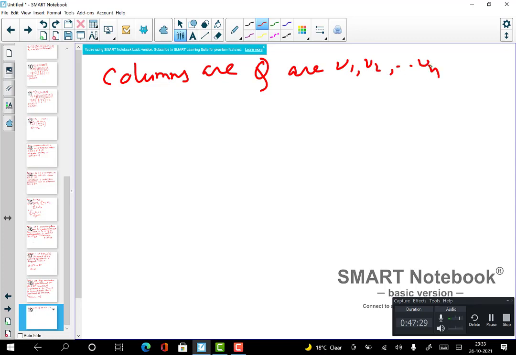These are the n columns of the matrix, and obviously Q inverse A Q will give you a diagonal matrix D, right? This is D diagonal.